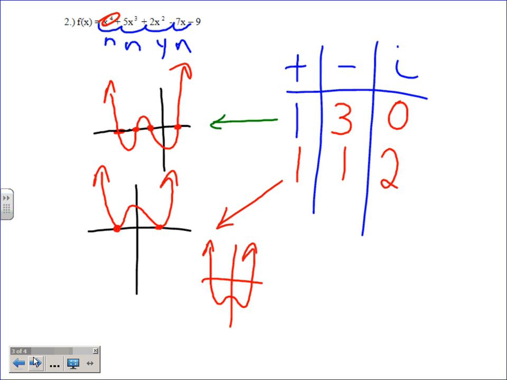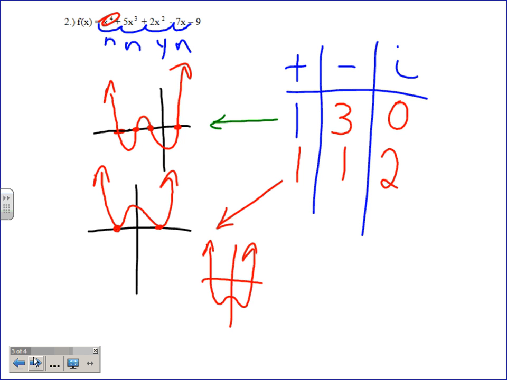So I think that's it, right? So perhaps what you might want to do on the back. Y equals x squared in general looks like a parabola, right? Y equals x to the third in general, something like that, right?